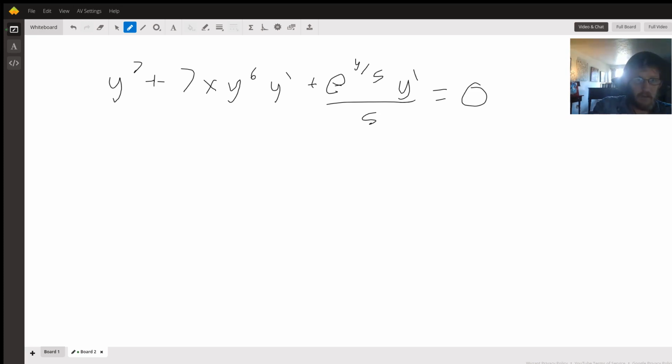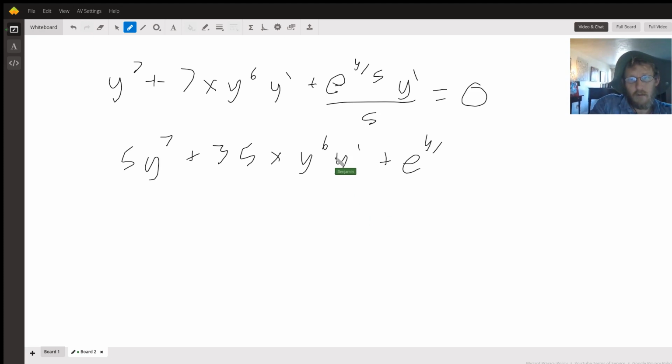0 multiplied by 5 is 0, so we have 5 y to the 7th plus 35 x y to the 6th y prime plus e to the y over 5 y prime equals 0. And I'm going to go ahead and get all my y primes on one side.